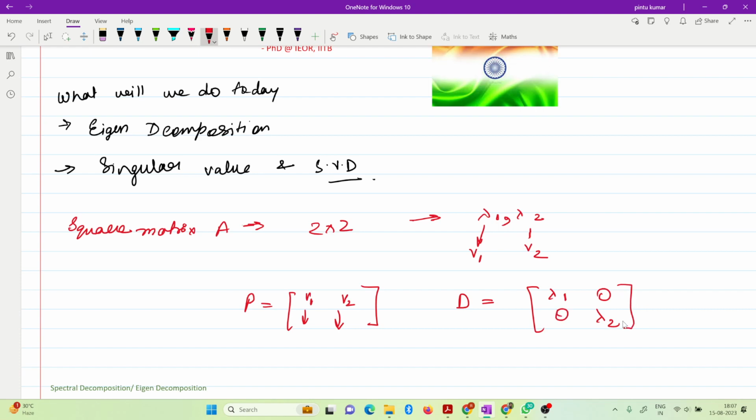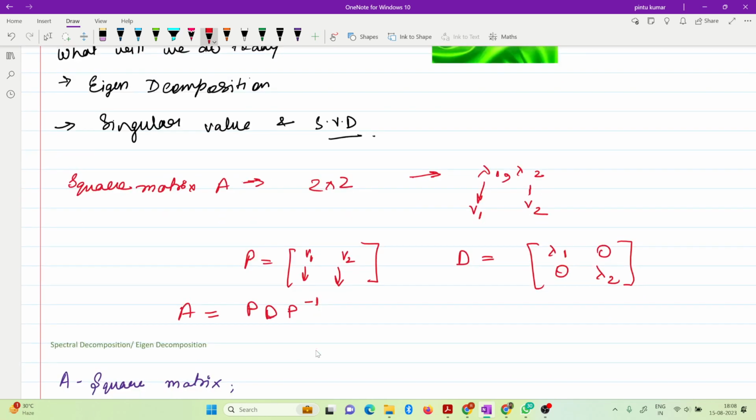Then you can write your matrix A in the form P multiplied by D into P inverse. Okay, so you can do this thing. This is referred to as eigen decomposition or spectral decomposition.